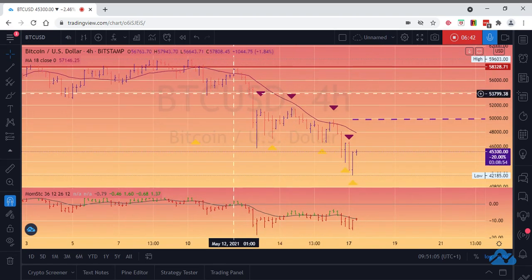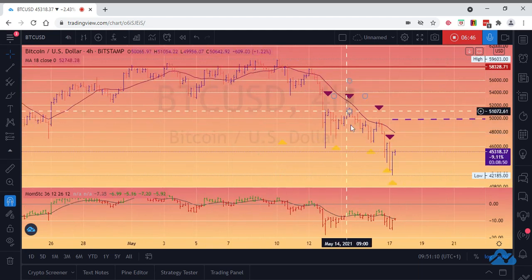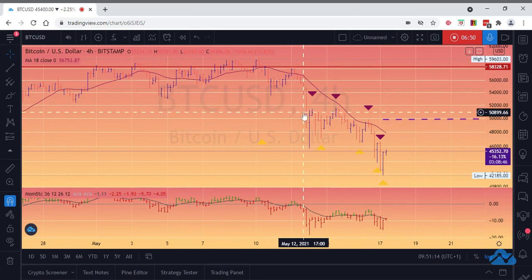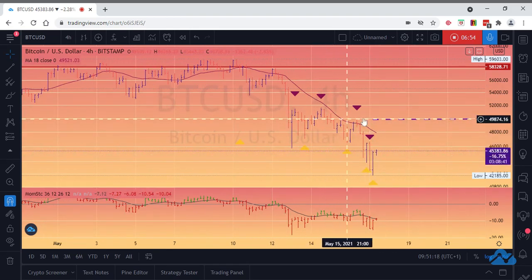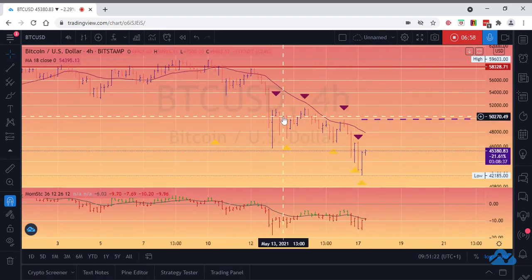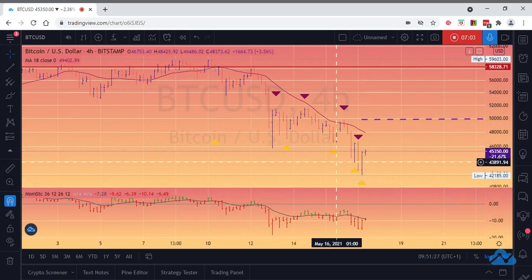You don't need to be a hero, right? You don't need to be a hero. Catching that move and then just walking away and being flat, that's all you need to do. You don't have to play the entire freaking thing.